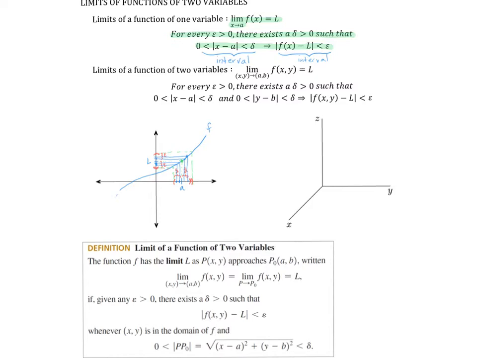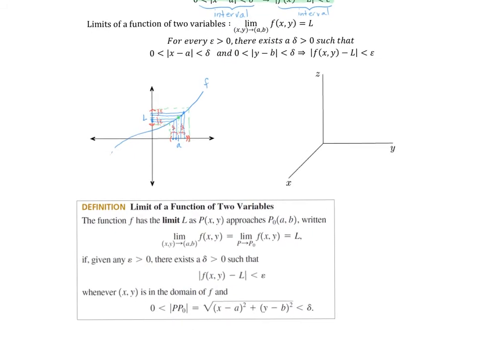So what we're going to do now is look at some region in the xy plane. I'll just look at some random region. Let's say I have some point, an x and a y value, and let's say that this corresponds to some z value.